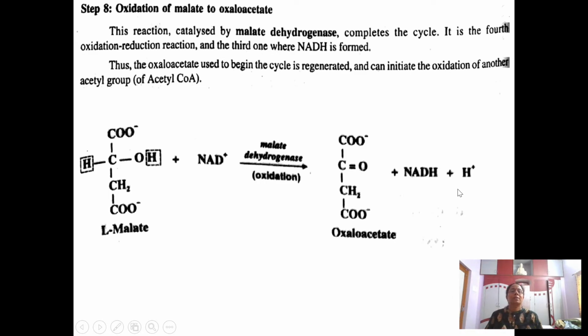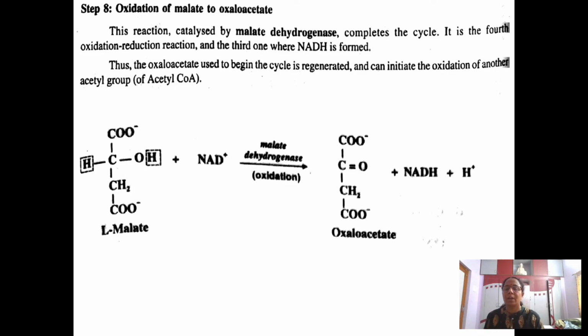So now, in step 8, we have learned oxidation of malate to oxaloacetate, and this malate dehydrogenase completes the cycle and gives oxaloacetate back. And once you have got oxaloacetate, what should happen? Again the cycle should start. Again oxaloacetate condenses with acetyl-CoA to form a citrate, completing the Krupp cycle.